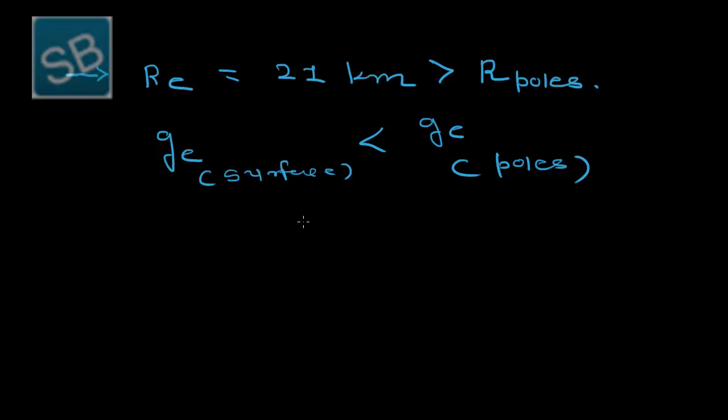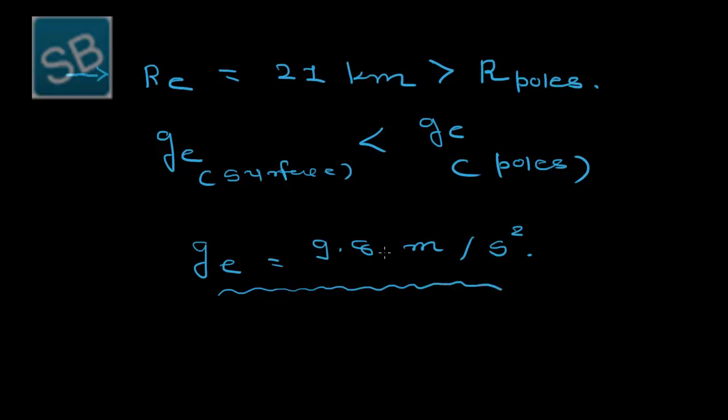But the variation in the value of ge at different places on the Earth's surface is extremely small, and the value of ge is found to be 9.8 meter per second square, and it is universal or semi-universal because small variations are coming out.